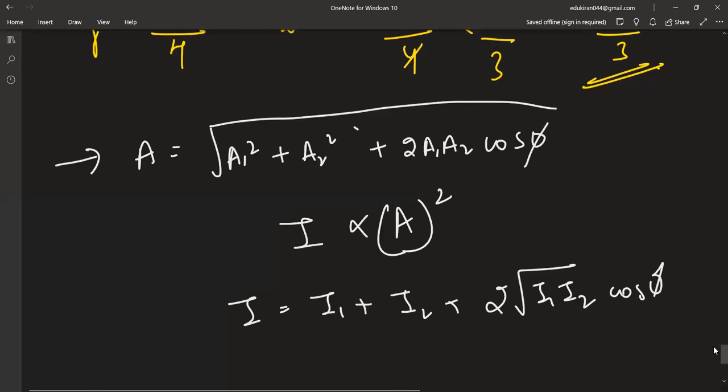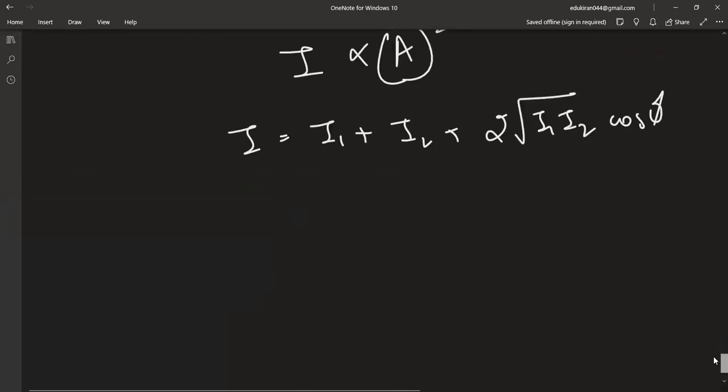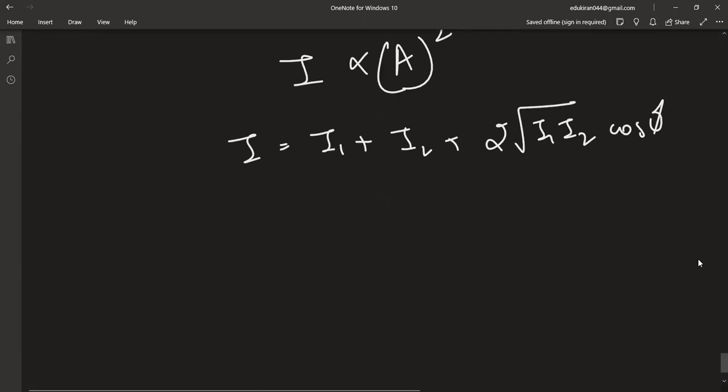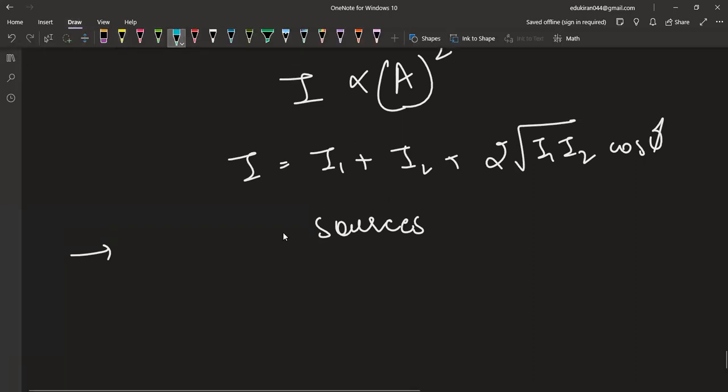Now, one more thing. I think Shaviz, you were asking also this. Coherent and incoherent sources. What exactly are these? Firstly, what is meant by a source? Sources are the quantities or the products, you can say, or the entities which are producing the light.